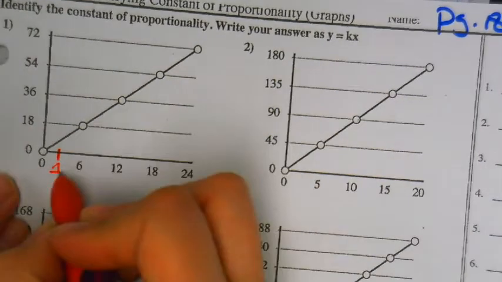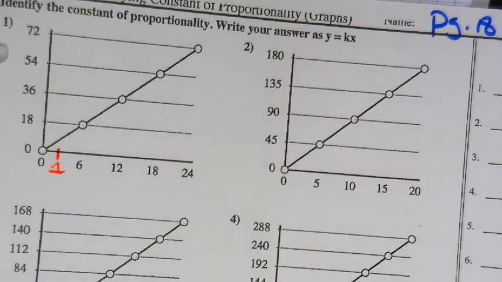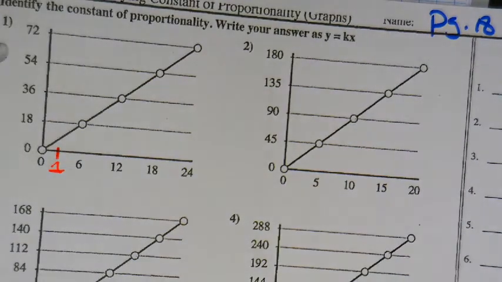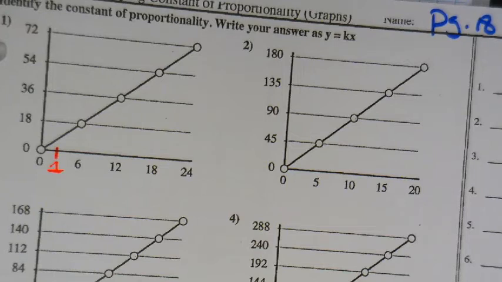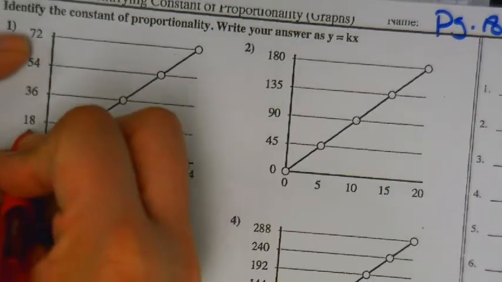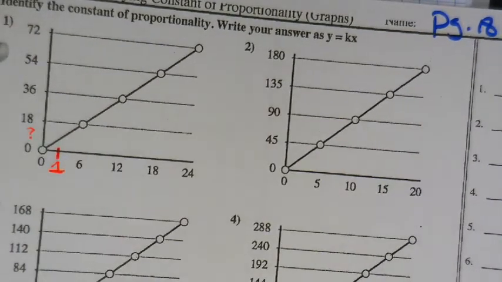But there is no dot, it's just a line. It's not 18, because 6 is 18. Where's the 1? Right now it's like a big question mark. So what we do is we do a little bit of work.